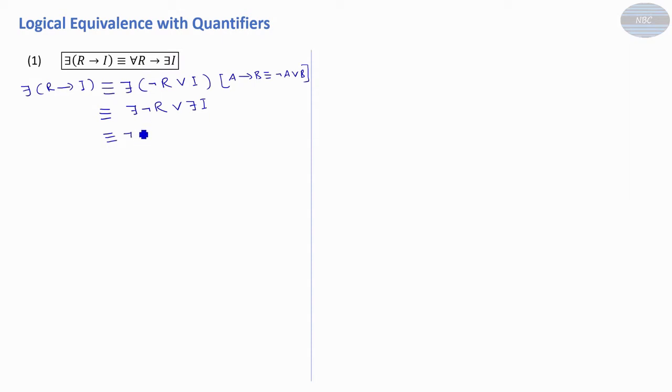So it will become for all x, not P, or there exists x, Q. Now this is equivalent to, we have for all x, P conditional there exists x Q. Here the same formula is used, from this step to this step.